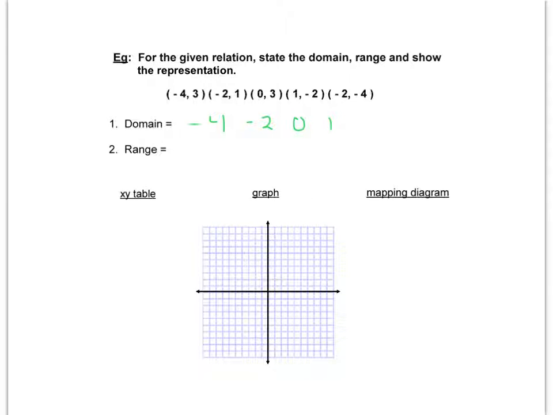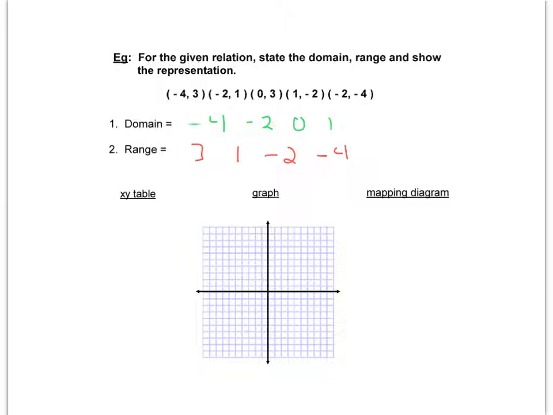And then we have neg 2, but we already have it, so let's not write that twice. So our domain is neg 4, neg 2, 0, and 1. Our range is going to be the y, so that's going to be 3, 1, 3 again. We don't need to write it again. We got neg 2, and we have neg 4.